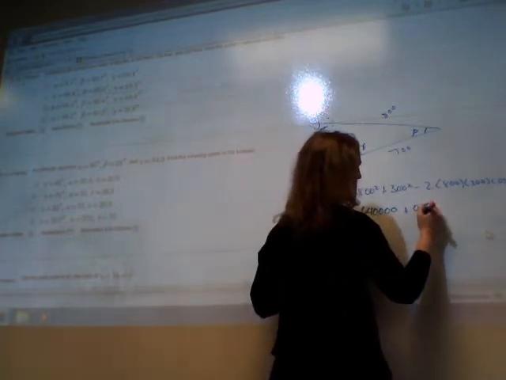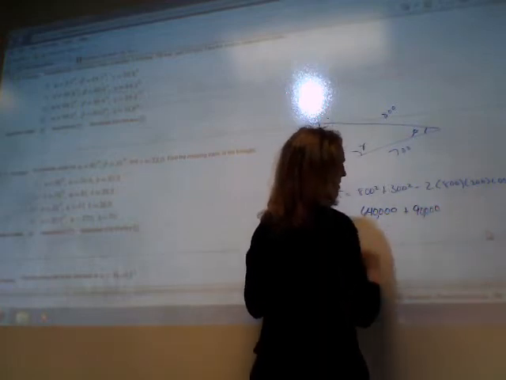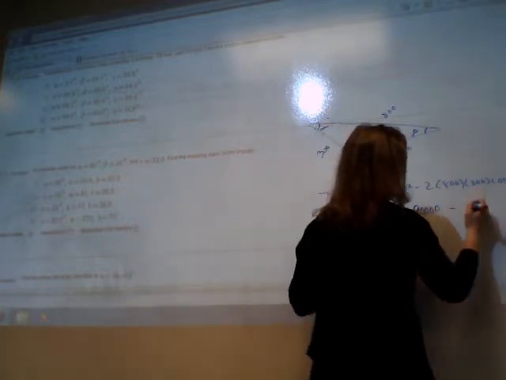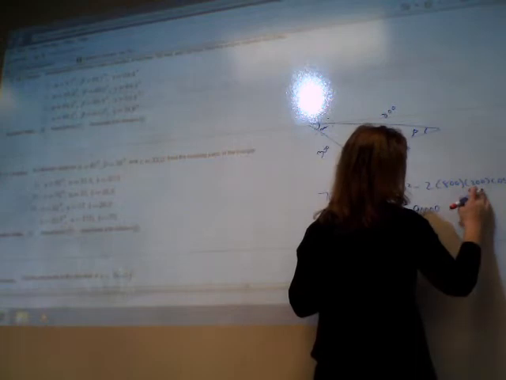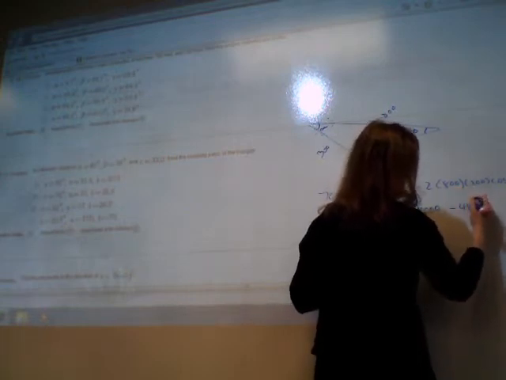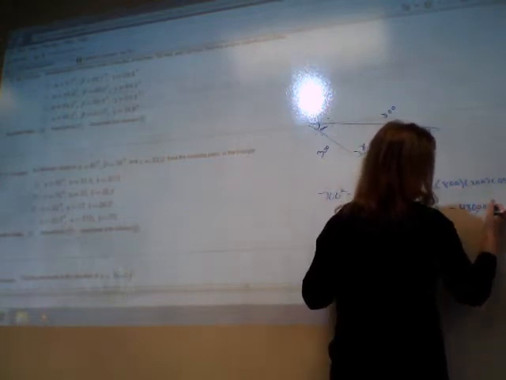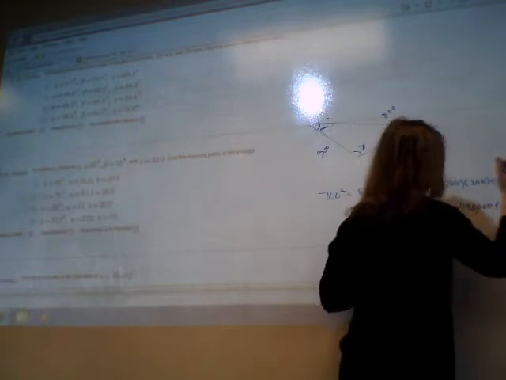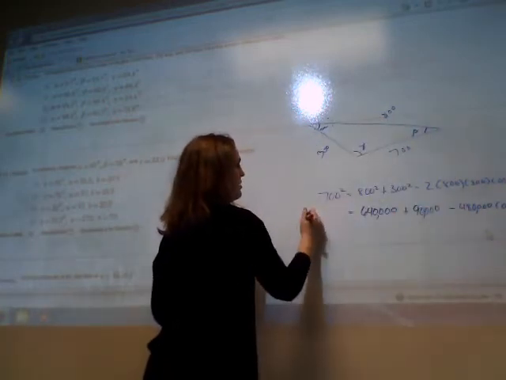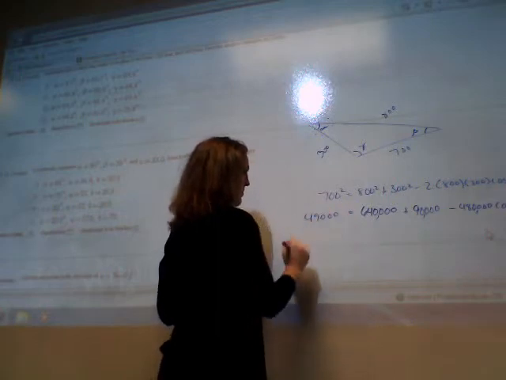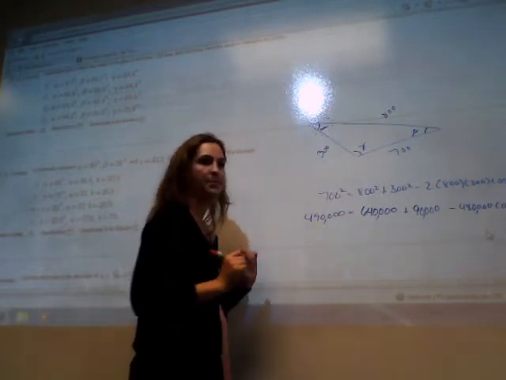Anyone? Yes. I'm sorry. Okay, 90,000 minus 100 cosine of alpha equals, one more. There we go.